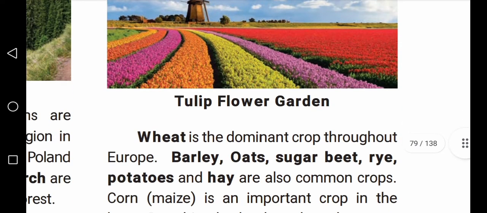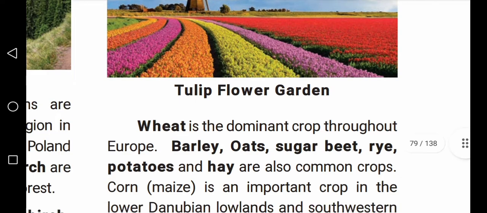Next one, wheat. Wheat is the dominant crop throughout Europe. So throughout Europe, they cultivate wheat. Wheat is our major food. Barley, oats, sugar beet, rye, potatoes and hay are also common crops.